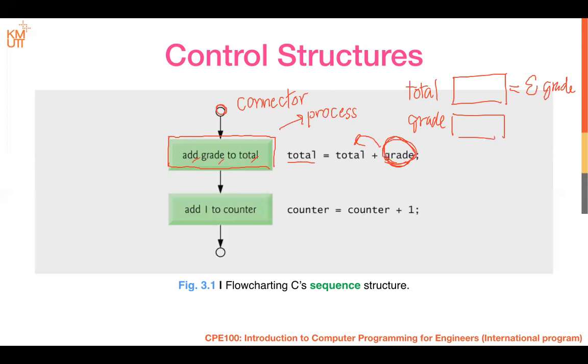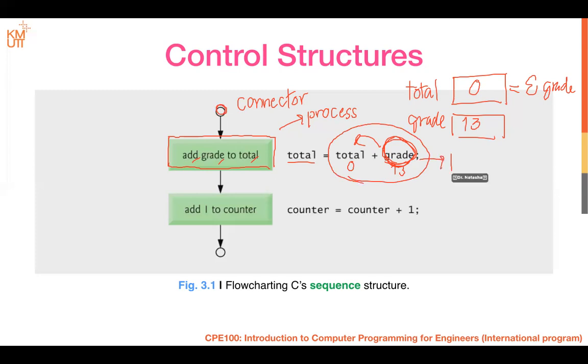For this example, if you have 13 stored in the grade variable, and total starts from 0, what you have to do is add 0 plus 13.